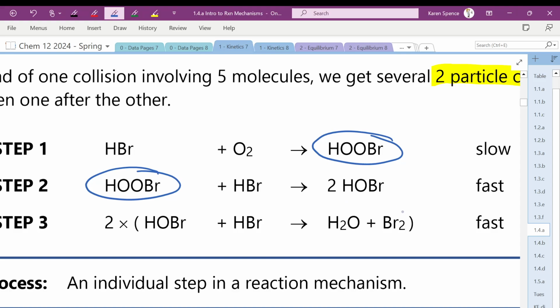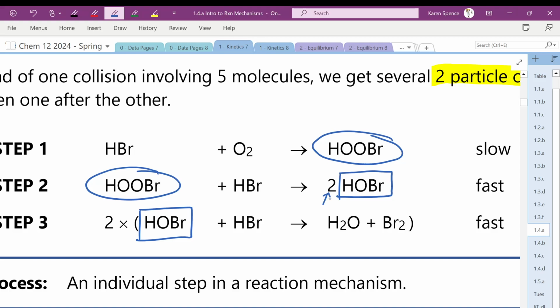Now we don't want any Hobers either because our products are not actually Hobers. So each of these Hobers, one at a time, one of them will react with an HBr. We will get H2O and Br2. That will have to happen twice because we have two of the Hobers, okay?